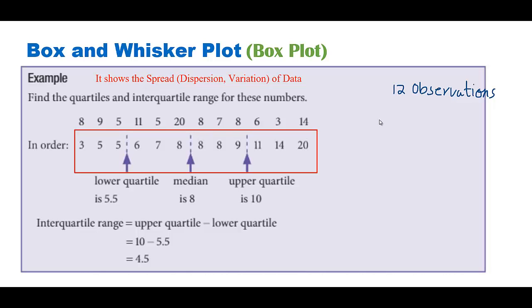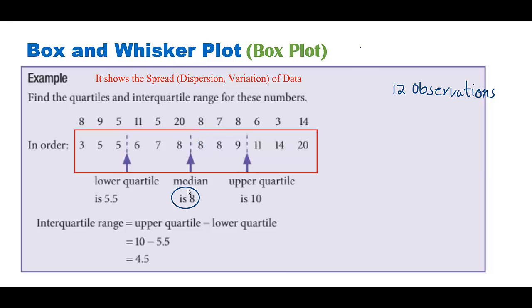As there are 12 observations, which is an even number, there will be two central values. To find the median, we average these two values: add these two and divide the answer by 2. 8 plus 8 is 16, divided by 2 is 8. So the median is 8.